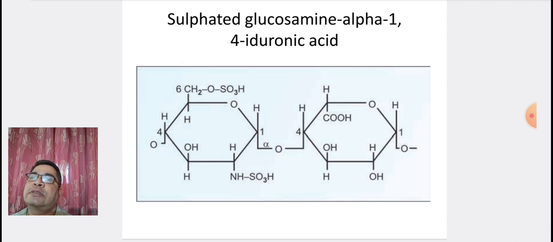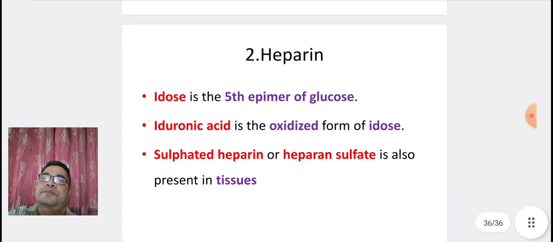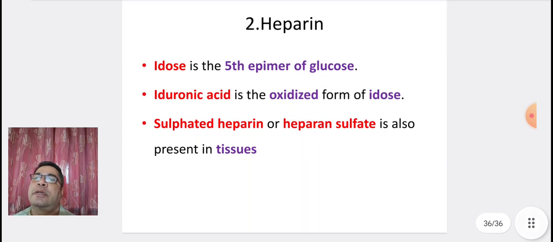In this diagram we can see the structure of heparin, which is nothing but sulfated glucosamine alpha-1,4 iduronic acid. Iduronic acid is the fifth epimer of glucose. Hyaluronic acid is the oxidized form of idose. Sulfated heparin or heparan sulfate is also present in tissues.